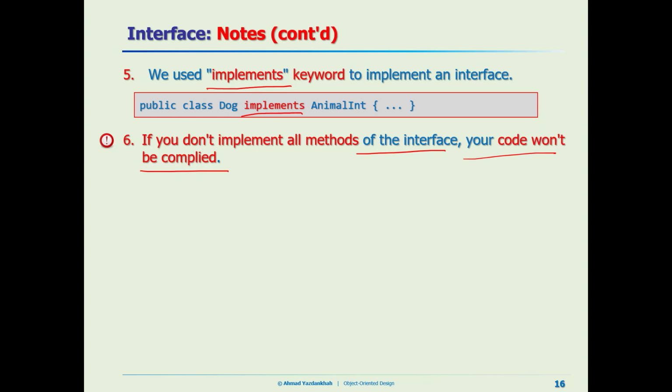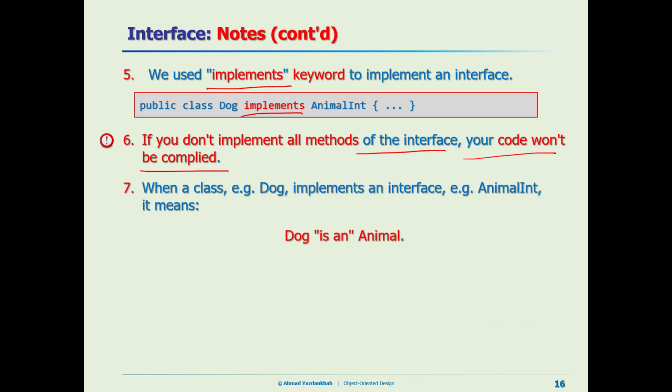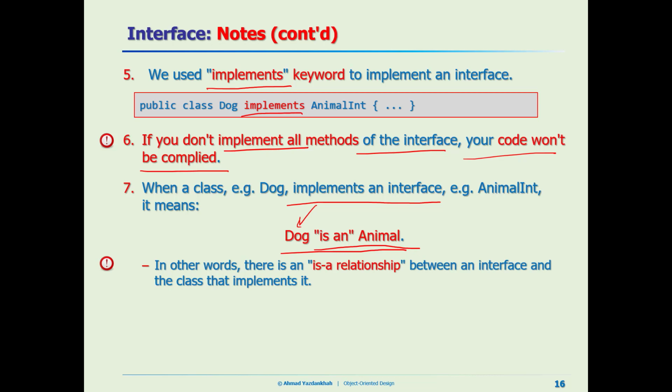And also this is the important one: when we implement an interface, the relationship between the interface and the class that implemented it is an is-a relationship. So dog is an animal, right? Okay, so this is a very important thing. So it looks like inheritance. Both of them are is-a relationships.